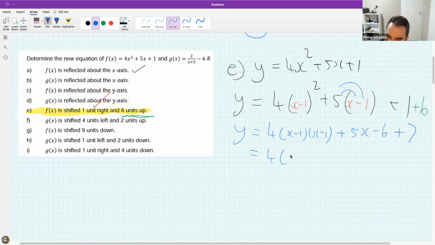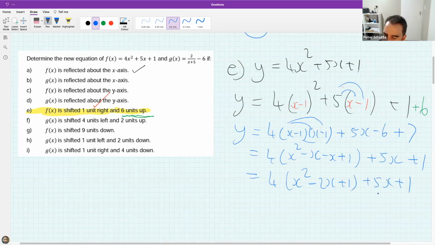And then here, I get x squared minus x plus 1 plus 5x, and then minus 6 plus 7 is plus 1. And then for here, we're going to get 4x squared minus 2x plus 1.